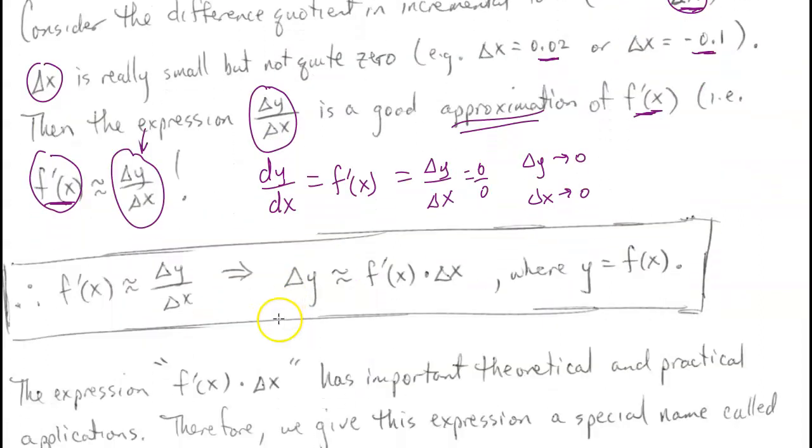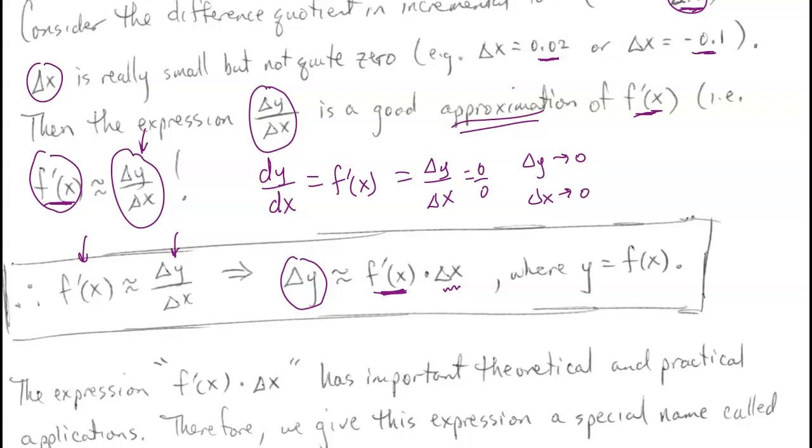So moving forward, if we say I can approximate actual instantaneous rate of change with approximate rate of change, and I just multiply both sides by delta x, then what this tells me is that I have a way of estimating the actual change in y values going from one x value to another by using the derivative of that function, if I know it, times the actual change in the x values, okay?